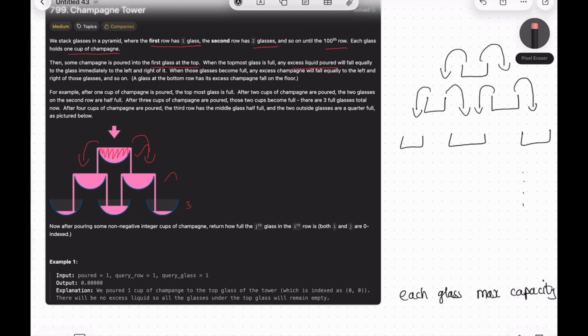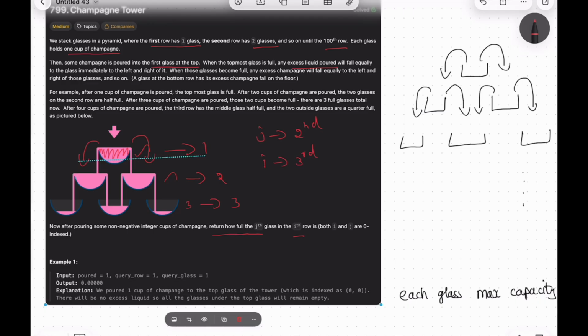Now what we have to find is, after pouring some non-negative integer cups of champagne, how full the jth glass in the ith row is. So what is the amount of champagne present in the jth glass in the ith row? For example, with row 1, row 2, and row 3, the glass can be the second glass and the row can be the third row.